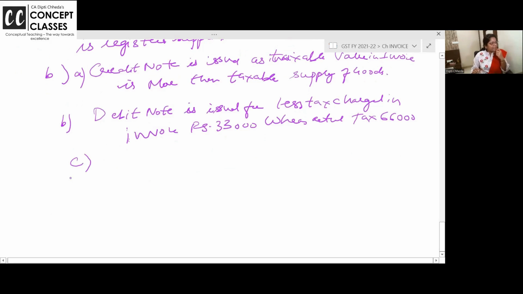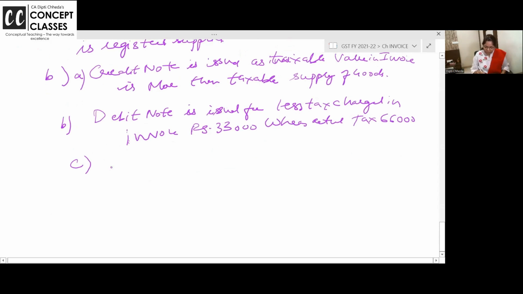And next one is value charged in invoice is 520 against the actual value 420. फिर overcharge किया तो क्या करो, credit note.